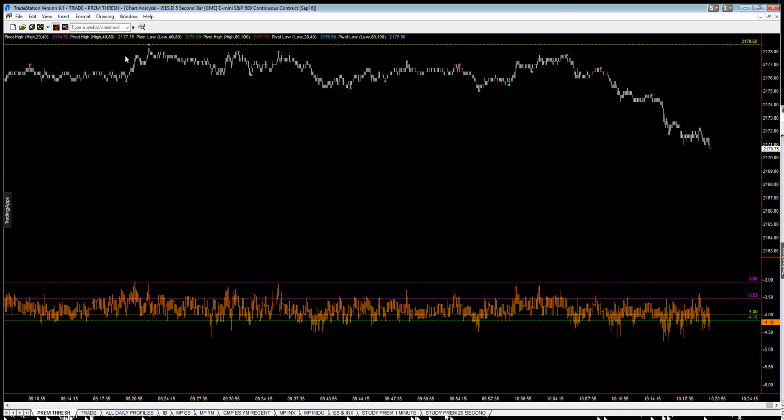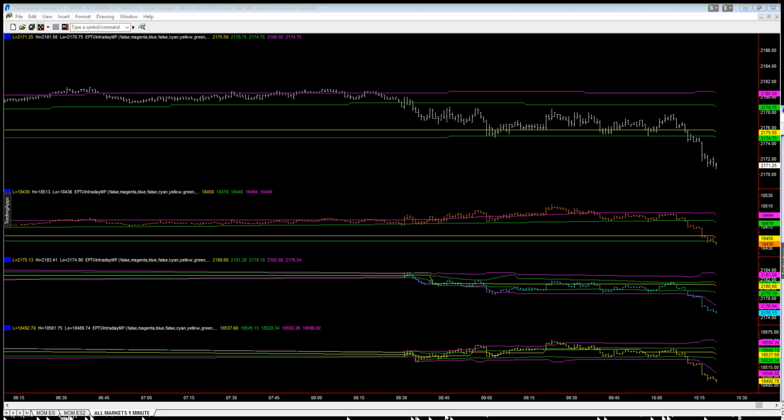Now let's go back to what we were looking at originally, and that was the profiles. Now in this case we are way below the lower threshold on the ES somewhat, on the YM definitely so, on the INX as well as the INDU.